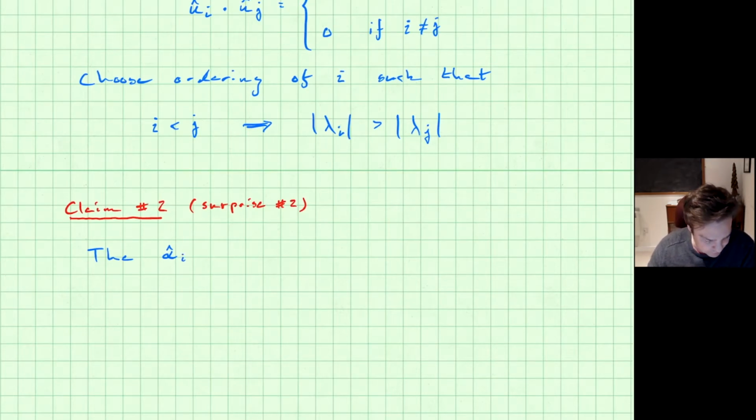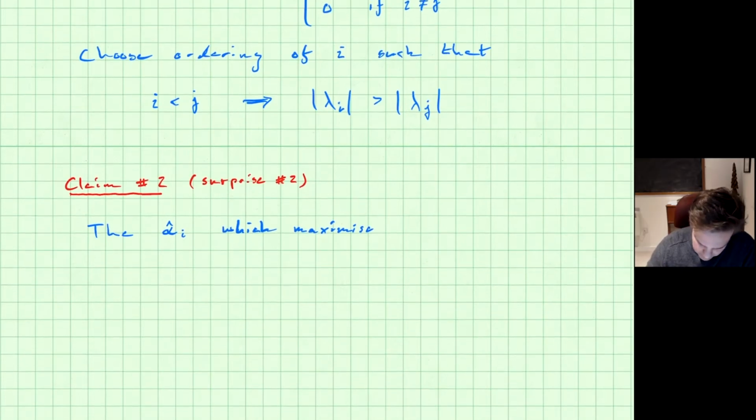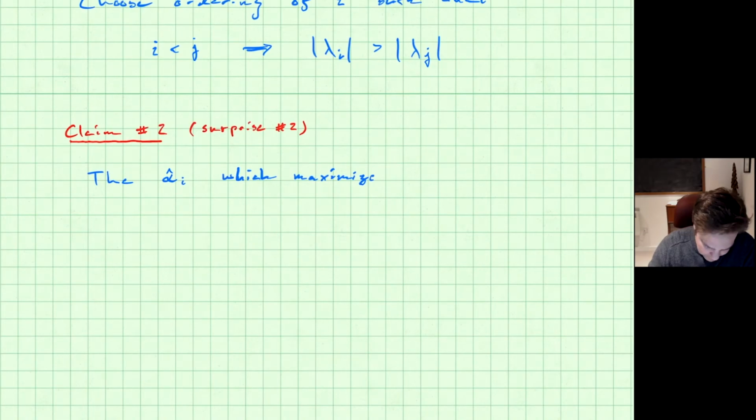That tells me what the alphas are. So the ones that give the largest variances, so which maximize the variances.